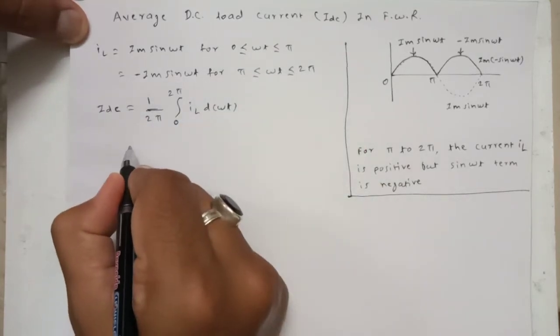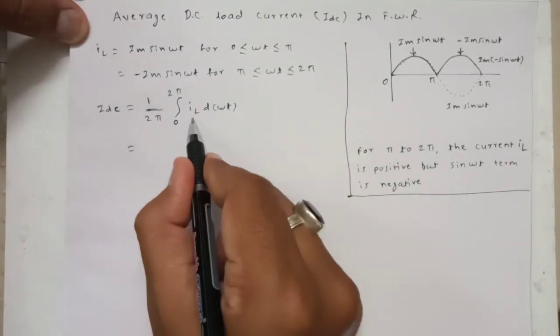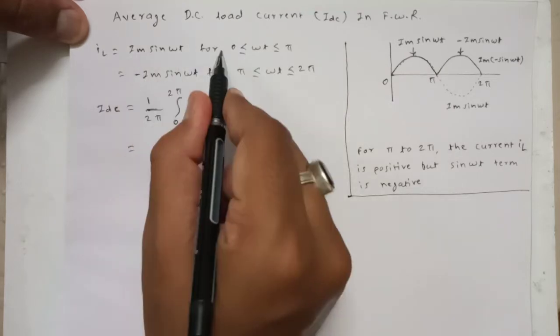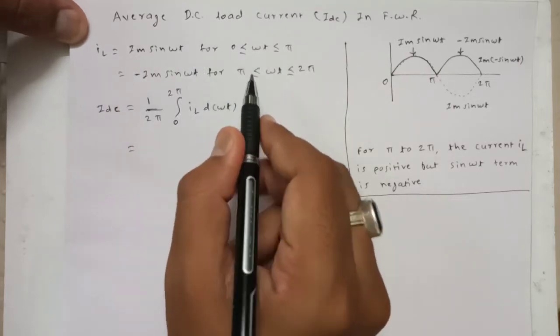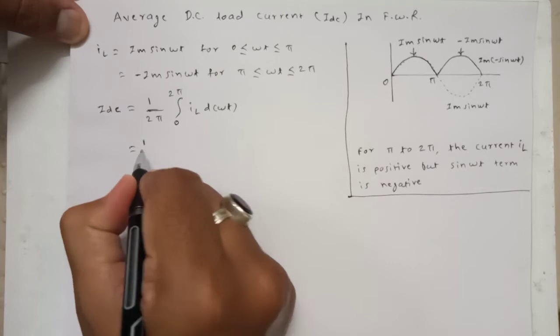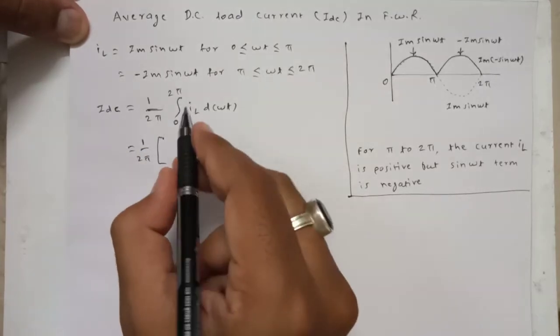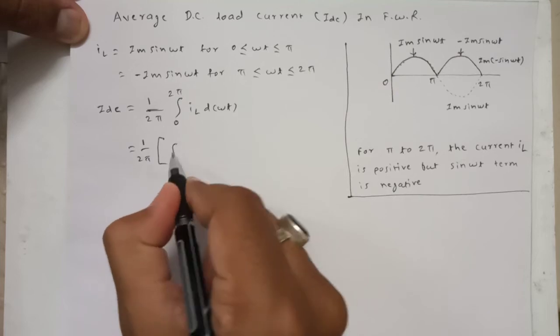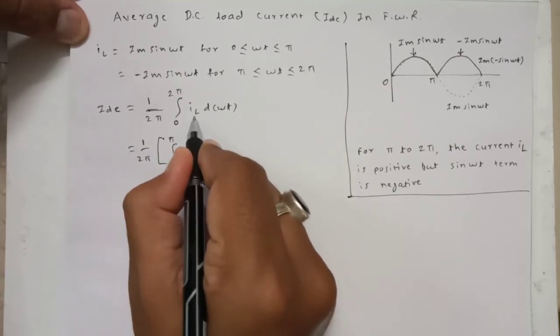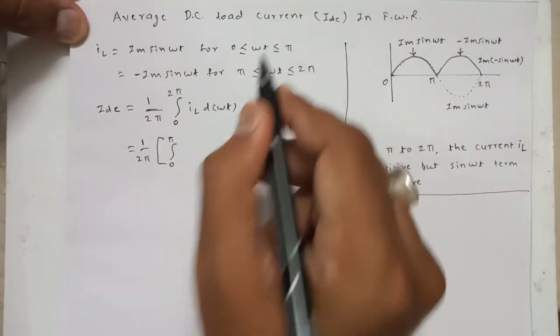Now we will put the value of IL from 0 to pi and pi to 2 pi. So accordingly the equation can be further modified in brackets. First it is from 0 to pi, where we write the value of IL for 0 to pi.